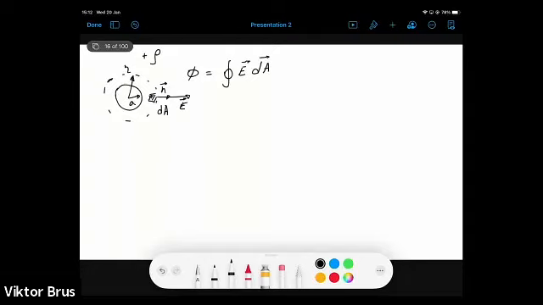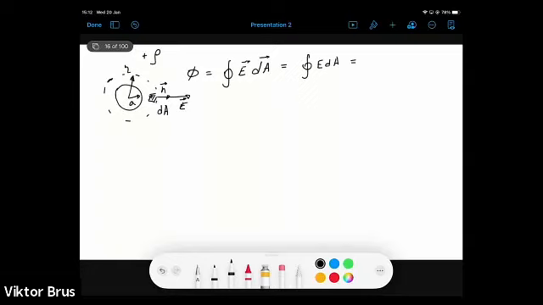And that helps us to get rid of these vectors in the integral, because the cosine of alpha, the angle between the E vector and the n vector, is 0. It will be unity. Then we can integrate just the product of two scalars.